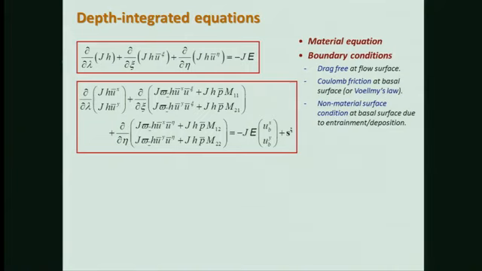We compute the momentum component in the X direction instead of the Z direction, and pi is the momentum correction factor due to the different shape of the velocity profile, and this term is the stress term, and this is due to the erosion.